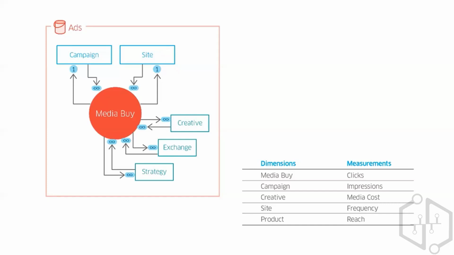However, a media buy can be attributed to only one site, as it was with one campaign, so it's a one to one relationship. We will talk of the other things tomorrow, because I don't want to confuse you more with the many to many relationships coming up.